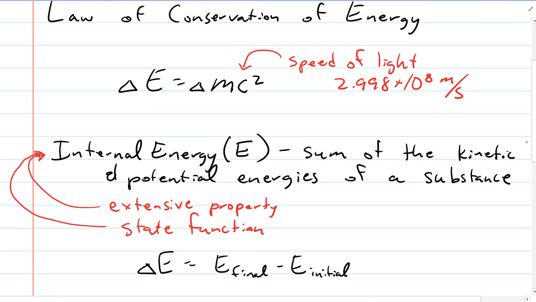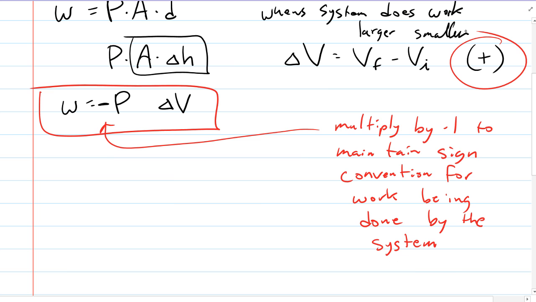I guess we didn't write it out altogether. But what we say is that the internal energy is the sum of the kinetic and potential energies of a substance. And I thought we had written an equation that says delta E is equal to Q plus W. The change in internal energy is equal to the heat of the system plus the work done by the system.